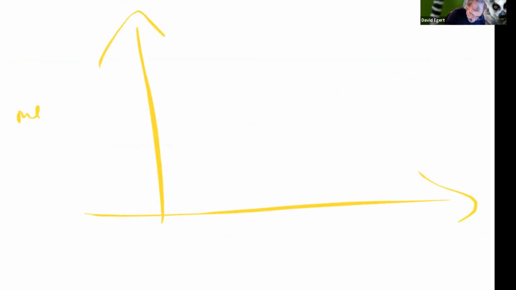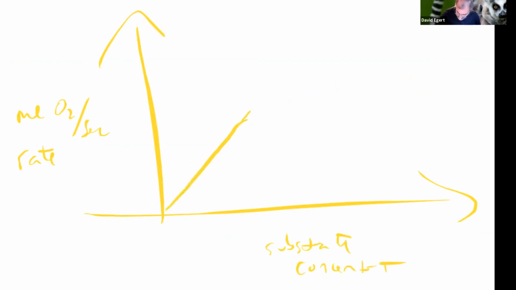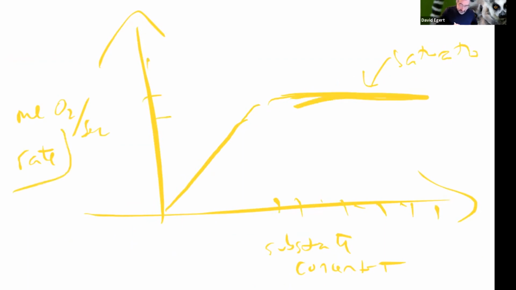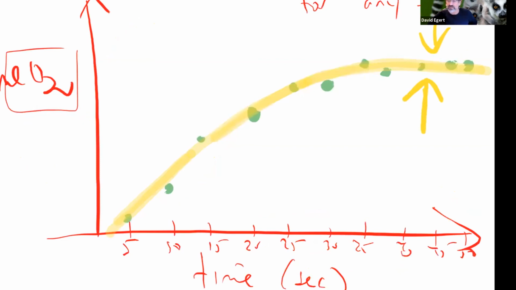If we look at mils of oxygen per second, aka reaction rate, against substrate concentration, I see that as substrate concentration gets higher and higher, there's the saturation, because I'm increasing substrate concentration, but the reaction rate isn't getting any faster. It looks superficially like this shape, but it's radically different.